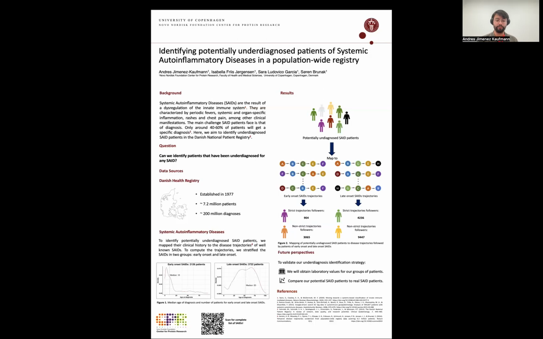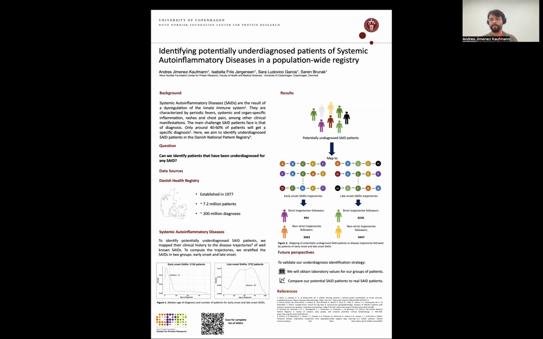So first, to be able to identify underdiagnosed patients, we need to know what diagnosed patients actually look like. And to do this, we are using a strategy called disease trajectories. Very simply put, a disease trajectory is a set of time-ordered diagnosis events that happen more often in a population.